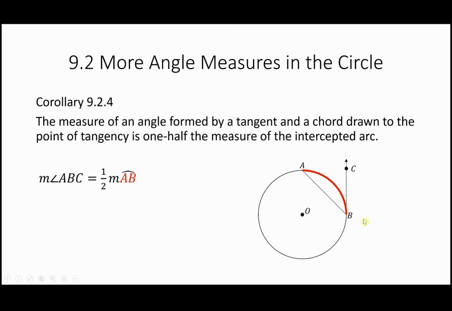It's the intercepted arc, okay? That's associated with the angle. So if we want to find the measure of angle ABC, that's a chord and a tangent line, okay? The measure of the angle formed by the chord and the tangent line is just half of the measure of the intercepted arc. In this case, that's arc AB, okay?